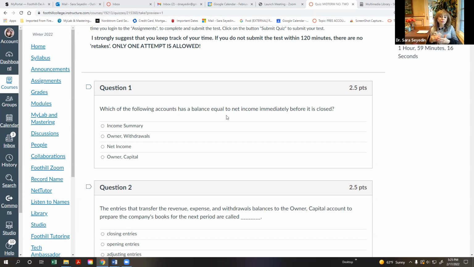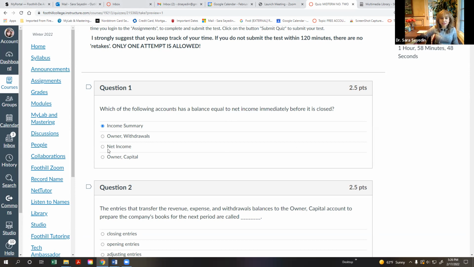When you make more money, we call it revenue, then you spent money, we call that expenses. We have income. Income is also called profit. Income is also called earnings. So the answer is, you have 4 choices. The answer is income summary.